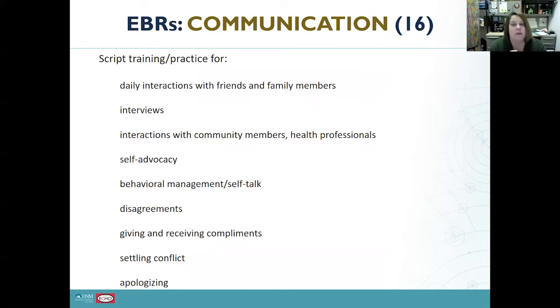On the next slide, you can do a lot of social skills and script training practice for daily interactions with friends and family members, for interviews, for interactions with community members and health professionals, self-advocacy, behavioral management or self-talk, disagreements, settling conflicts, etc. And again, this is not to turn them into robotic productions of the script, but to give them a template that they can learn and overlearn, so that they can draw it out of their brain whenever possible, when they're under time pressure, when there are distractions, that can help them navigate these daily activities that depend so much on intact communication skills.